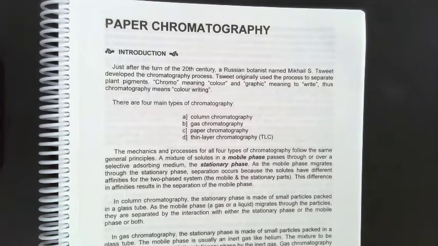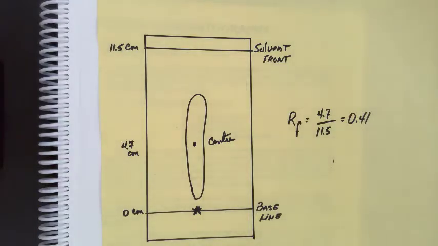Okay, so now I'm just going to talk a little bit about how you calculate RF value on a paper chromatogram. Now, if you look, I've drawn out a chromatogram and I've labeled everything. The baseline is where I started.